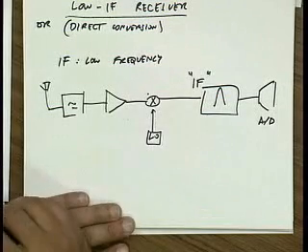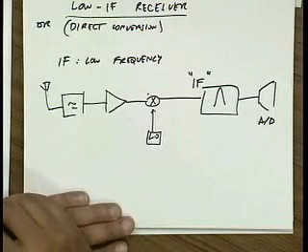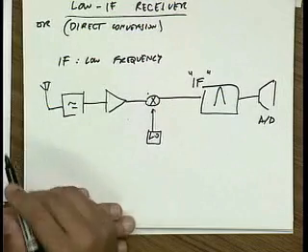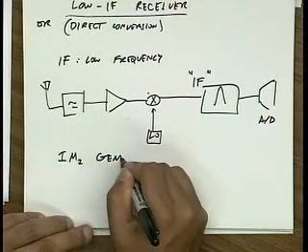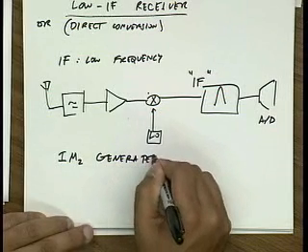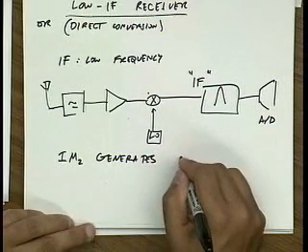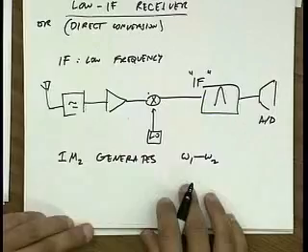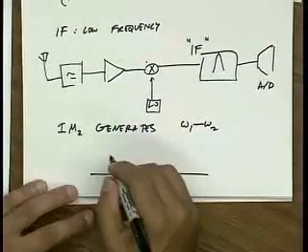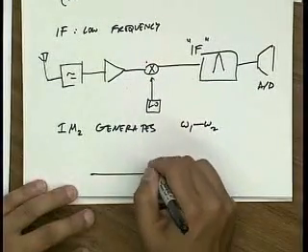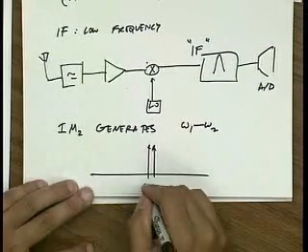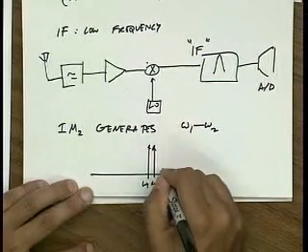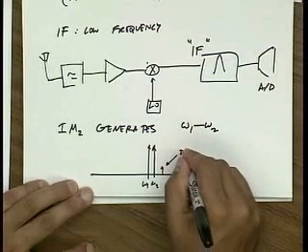So let's say our IF is DC. Let's say we have a direct conversion receiver. In that case, because IM2 generates omega 1 minus omega 2, if I have two channels that are really close together, so let's say these are two channels, omega 1, omega 2, and let's say this is the desired channel.